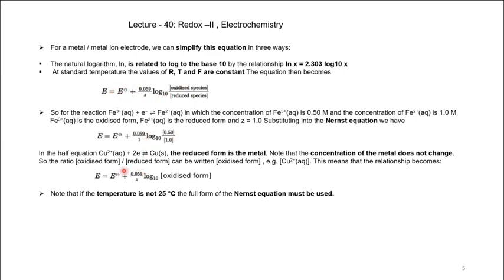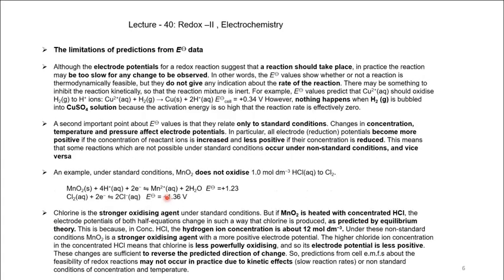Remember that we can simplify only if the temperature of the reaction is 25 degrees Celsius, that means the standard temperature. Okay, next slide. We have limitations for prediction of standard electrode potential also.